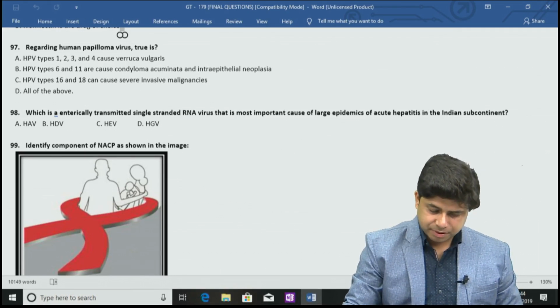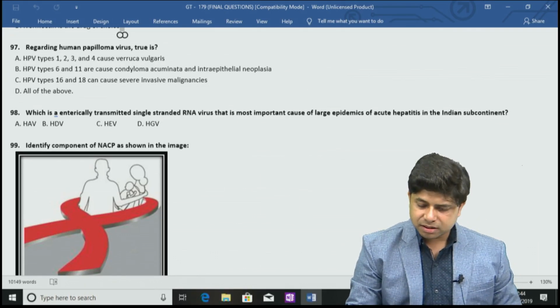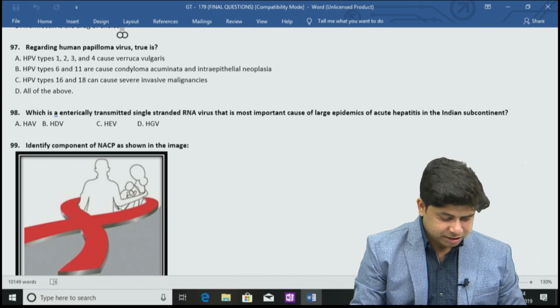So the large epidemics are caused by HEV. So the answer is HEV.